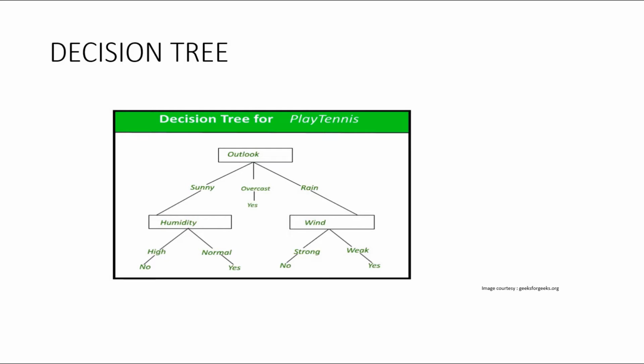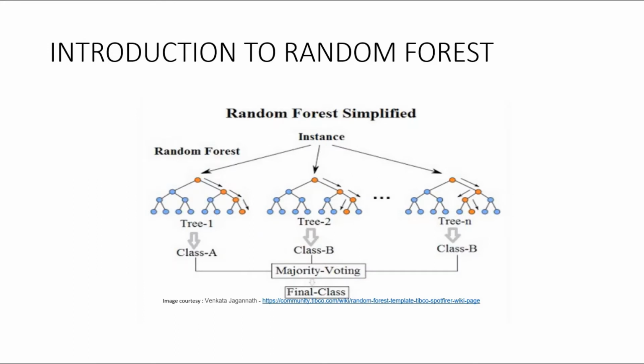Example, whether a coin flip comes up heads or tails. Each branch represents the outcome of the test, and each leaf node represents a class label. That means the decision taken after computing all attributes. That's a decision tree.